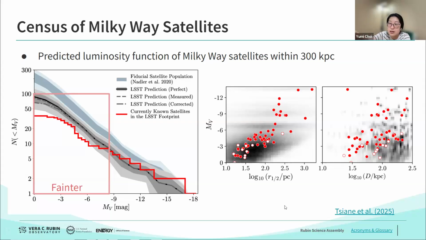So here in the left panel, it's the black lines, and they estimate LSST will discover around 30 to 50 new satellites within the footprint, depending on how well LSST can separate stars from galaxies. And these new systems will tend to be fainter, as we can see in the right panels, fainter and smaller and farther out than the ones we have discovered already. So next slide.